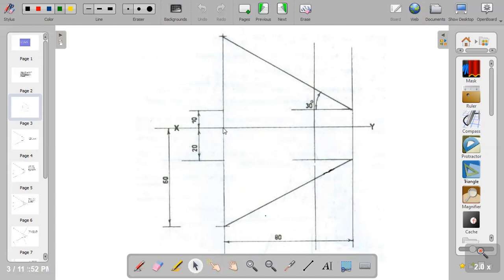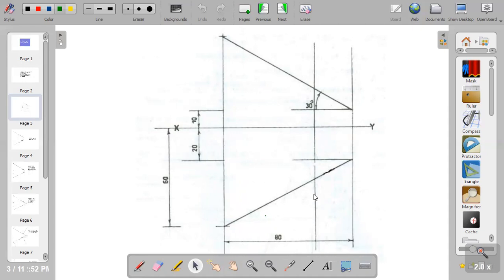Don't forget that from this point to this point is given to us as 80 mm. And from XY, now we are done with the elevation.